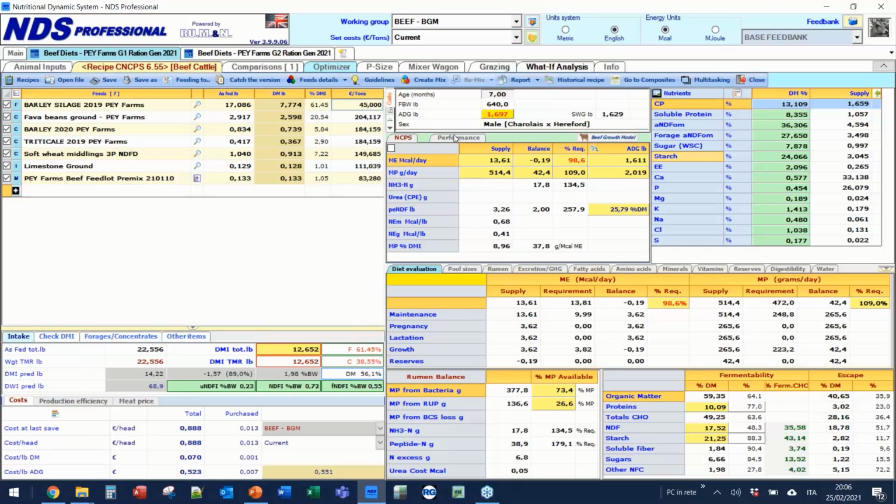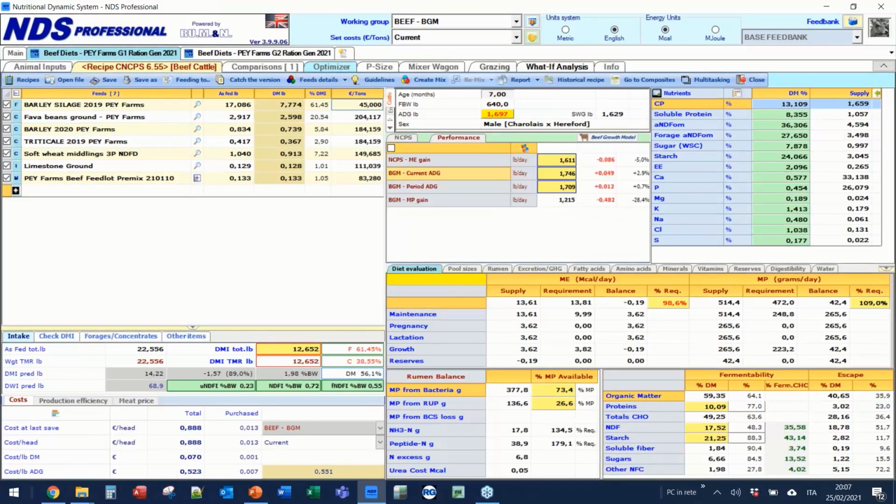Let's discuss first the performance tab. The performance tab is a summary of the evaluations that NDS is able to provide, making a comparison between the CNCPS prediction and the beef growth model prediction.